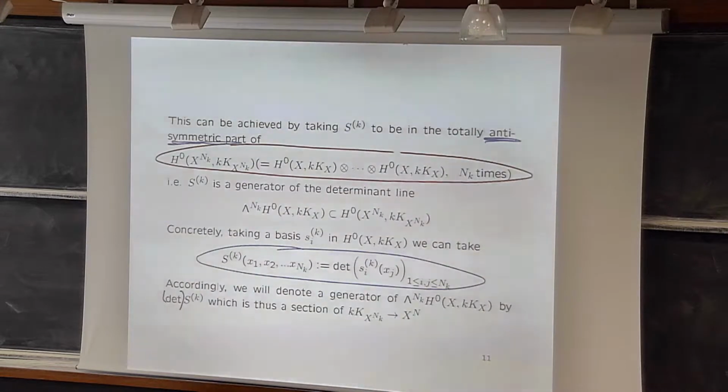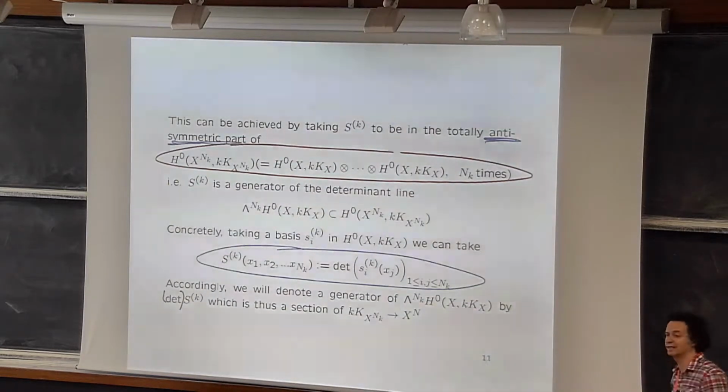And it turns out that there is a very natural way to do this. So what you do is that you look in this space. You want to find this particular section, particular element. And you think of this as a tensor product coming from X. And inside this tensor product, we can just take the section to be a generator of the determinant line.